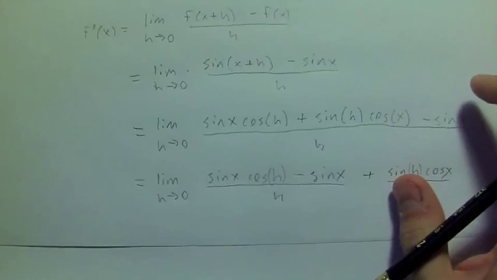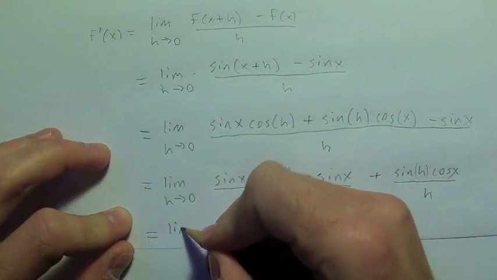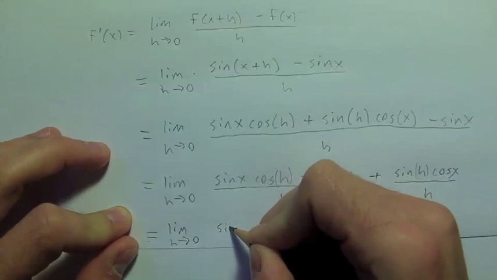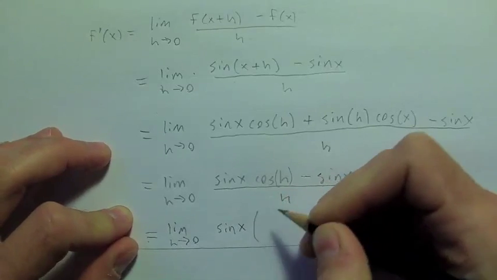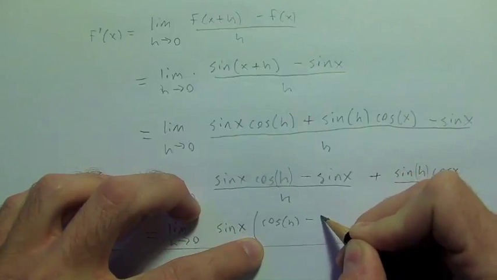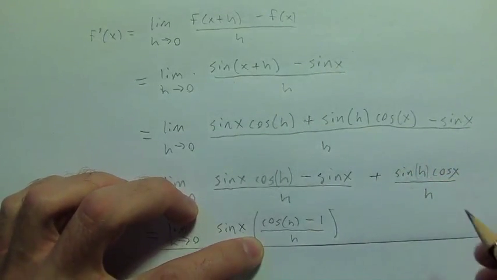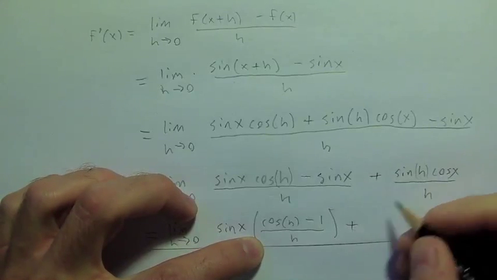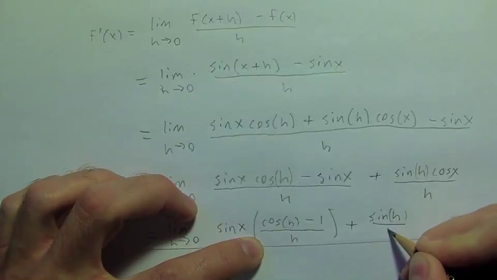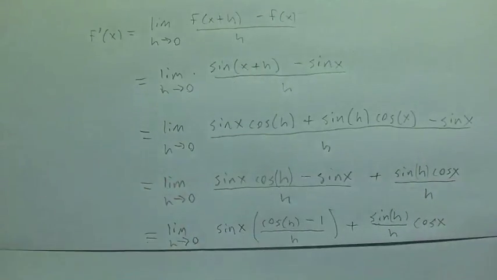Right? So this comes out to be the limit as h goes to 0. I factor out the sine x completely in this piece, so I have sine of x times cosine h minus 1 all over h. And then I will rewrite this piece so that it's sine h over h times cosine x.